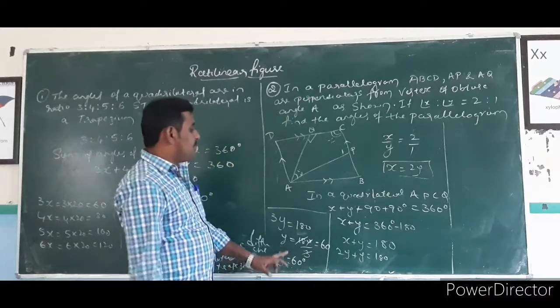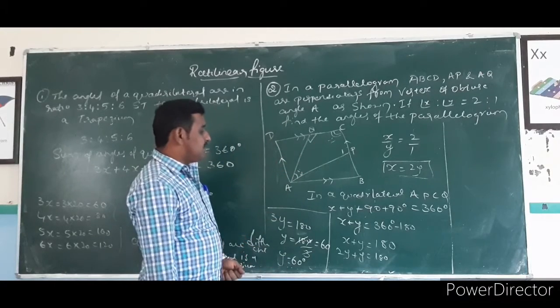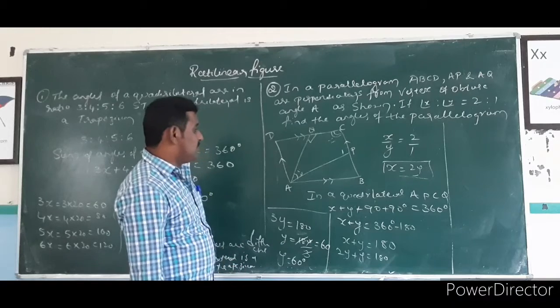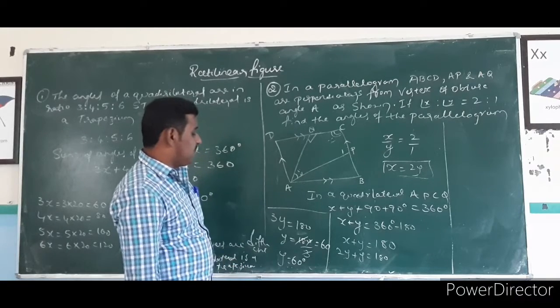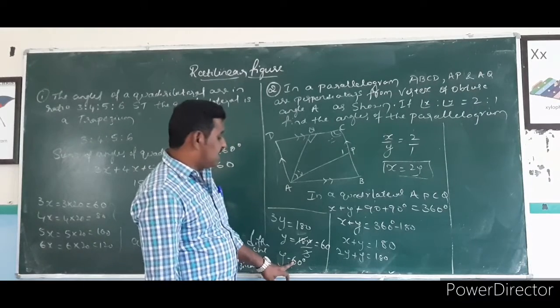So first we have to find the angles of the quadrilateral, using opposite angles. So you can easily find the angles of the quadrilateral now. What is the value of y here? 60.